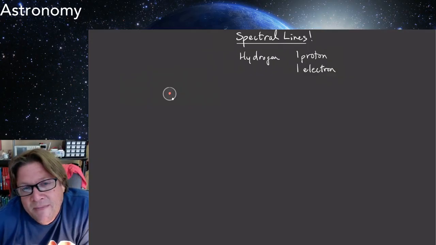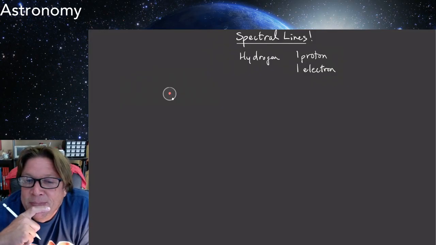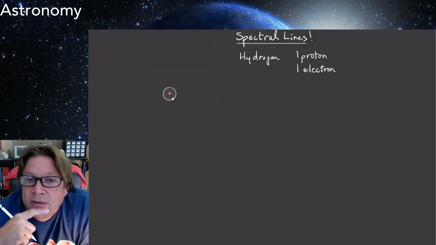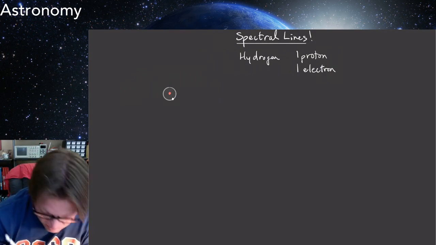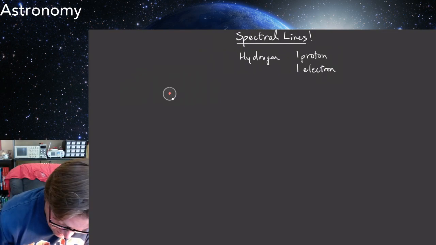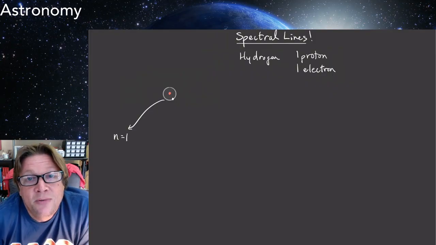In ordinary hydrogen, left to itself, the electron spins around the nucleus in an orbit that is called n equals 1. And here's what that means.